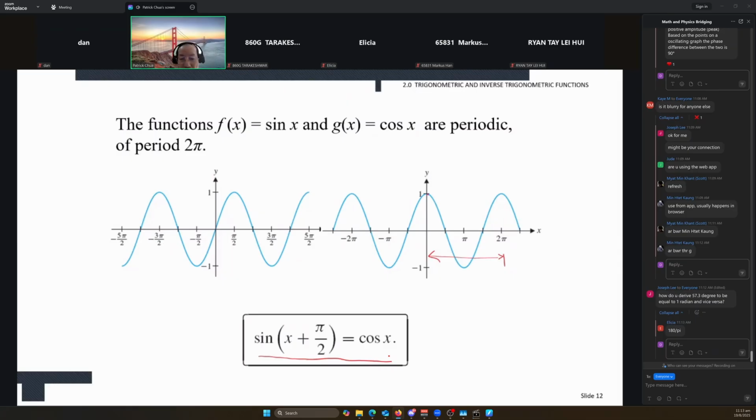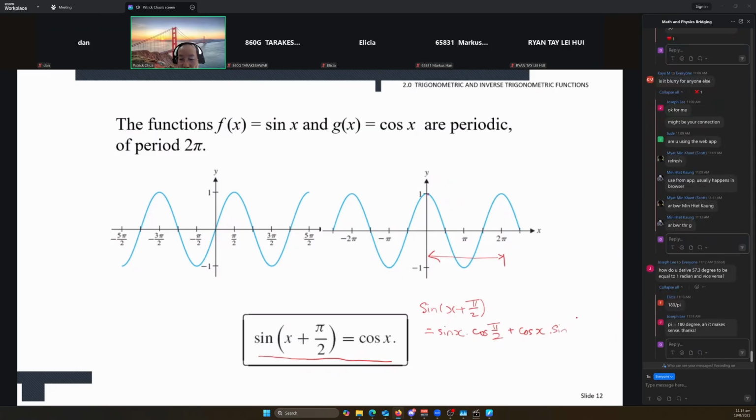Because sine of x plus pi over 2, when you expand it using identities, it's sine x cosine pi over 2 plus cosine x times sine pi over 2.